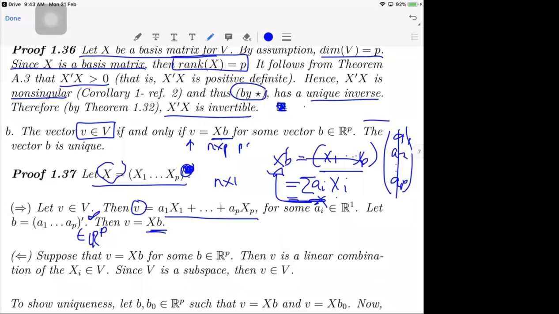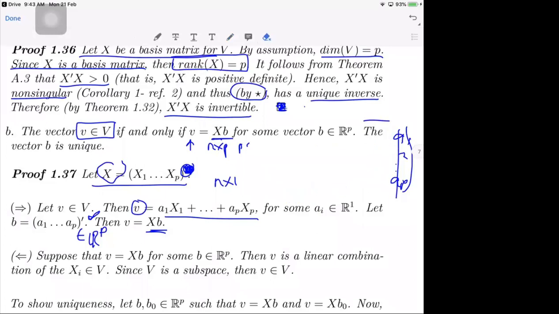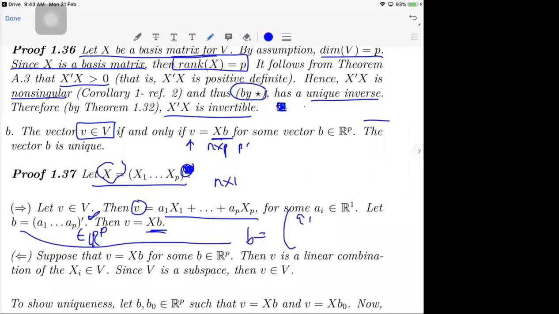So CB patindog. Okay. Because I can, B here should be A1 to AP. So, para dili ko mag-inana pagkasulat, I rewrite B as A1 AP prime. So actually, kana na siya.